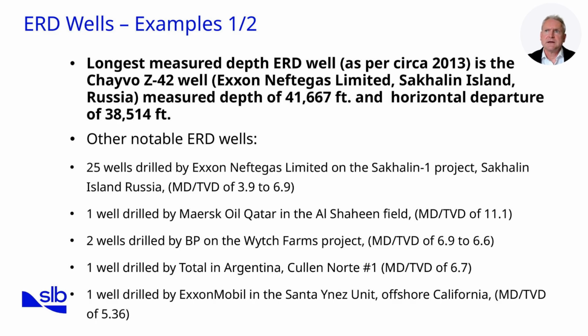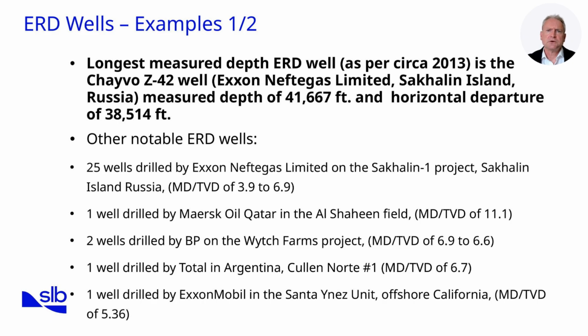Other significant examples include the Sakhalin-1 project, where 25 wells achieved MD/TVD ratios between 3.9 and 6.9, setting industry benchmarks. Maersk Oil Qatar pushed the limits further, with the Al Shaheen field achieving a ratio of 11.1, which is remarkable by any standard.